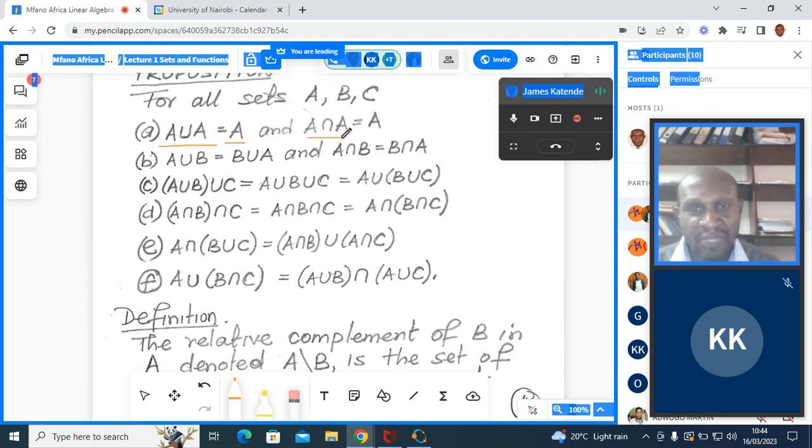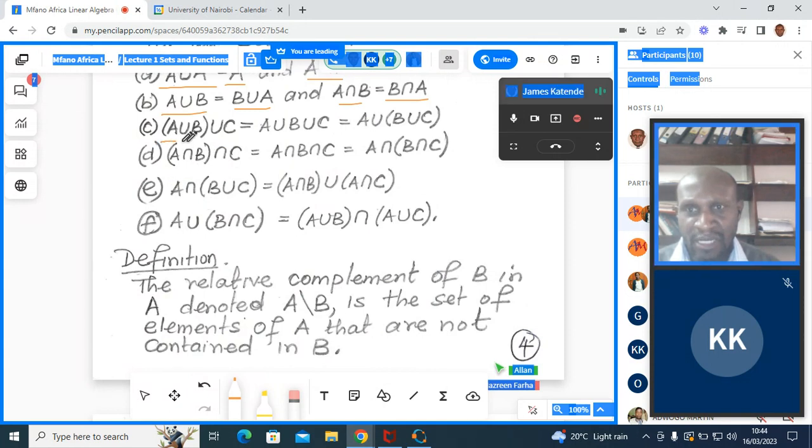The same happens if you get the intersection of a set with itself. I think intuitively that should be clear. The order in which you perform the operations does not matter. So they commute. A union B is the same as B union A. That is also true for the intersection. A intersection B is equal to the intersection of B and A.